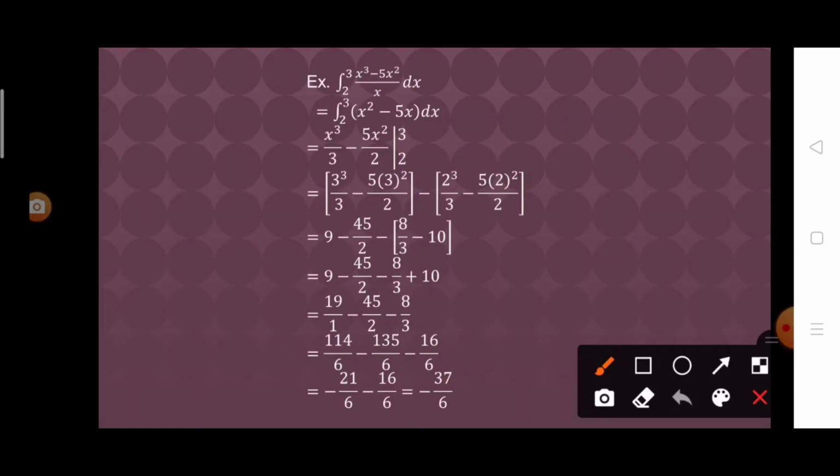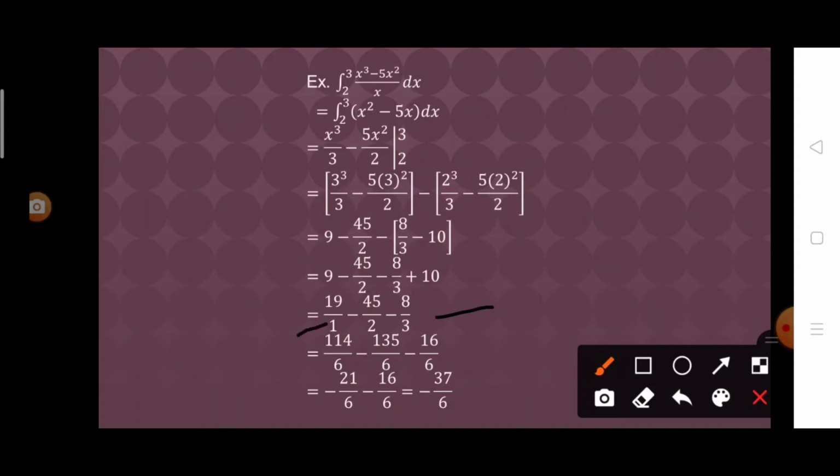So we have 9 minus 45 over 2 minus 8 over 3, then negative times negative 10 is just positive 10. 9 plus 10 is just 19.